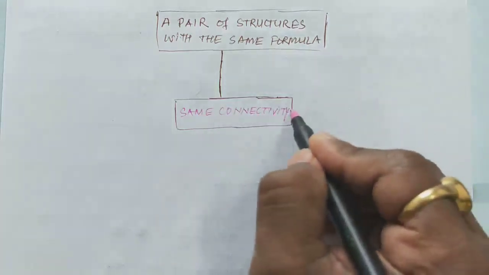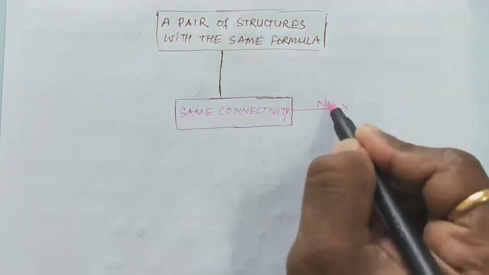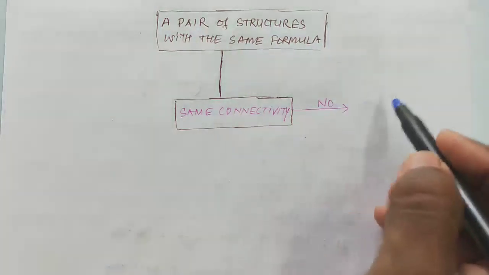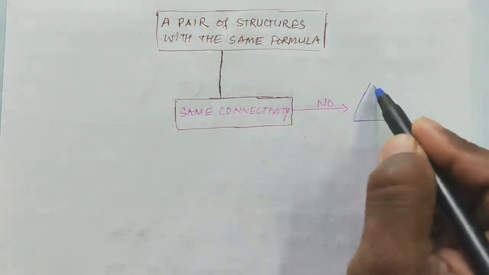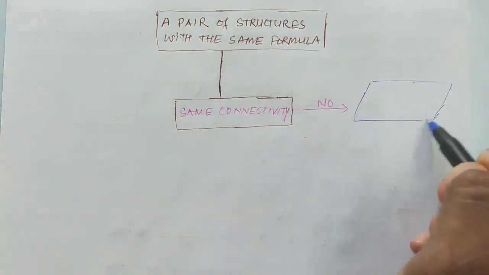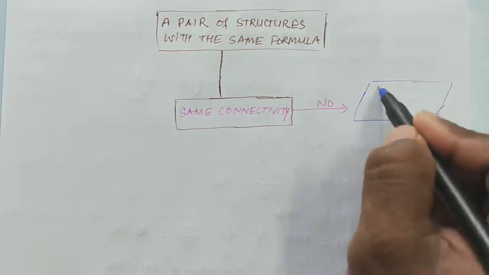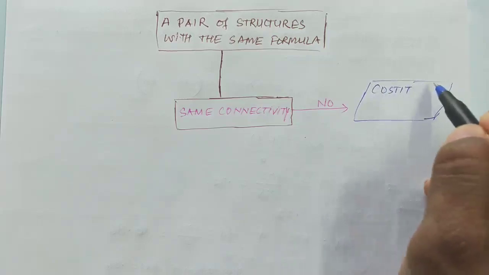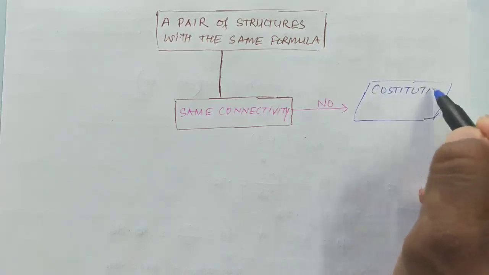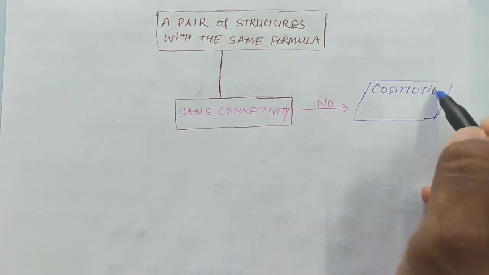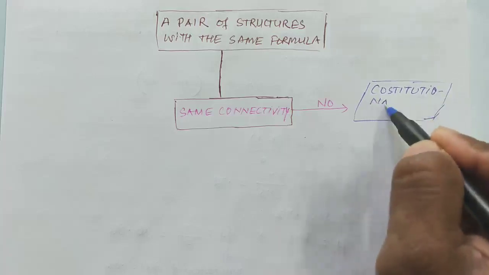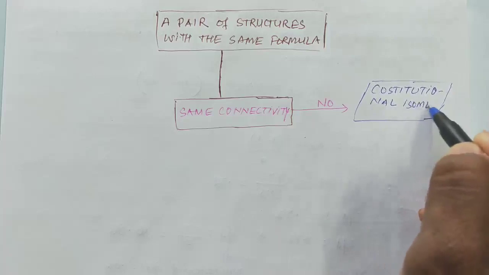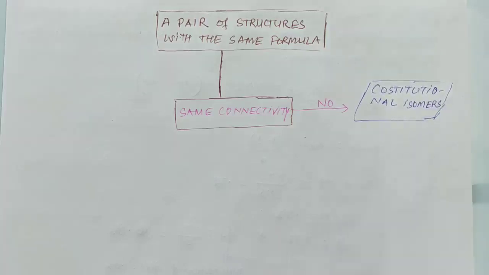If your answer is no, then those structures which you have considered are constitutional isomers, right?